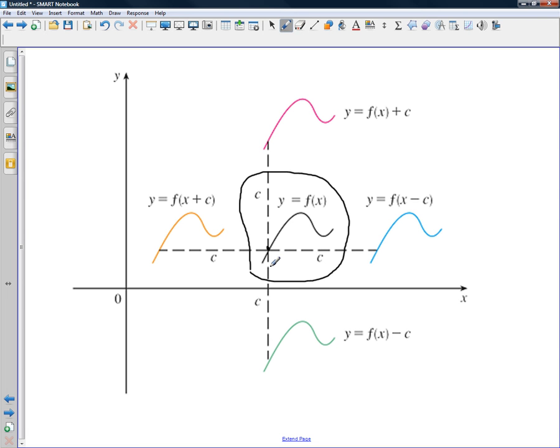By applying certain transformations, by adding or subtracting c, either from the x or the y, we can get graphs of related functions. Having this skill will allow us to sketch graphs of many functions quickly by hand. It'll also enable us to write equations for graphs, when we're asked, well, what's the transformation that was made to this given graph to result in this resulting graph.